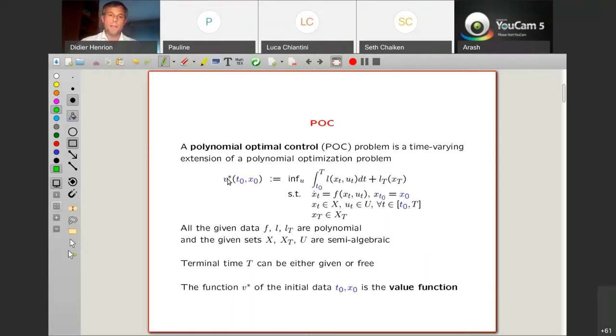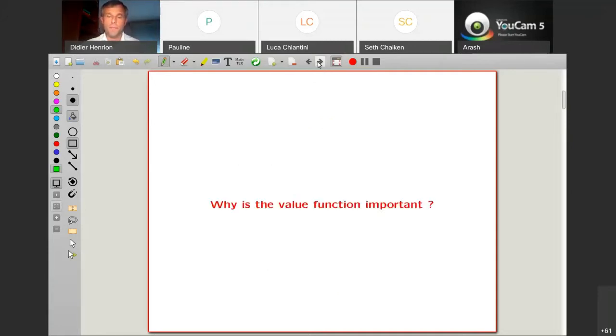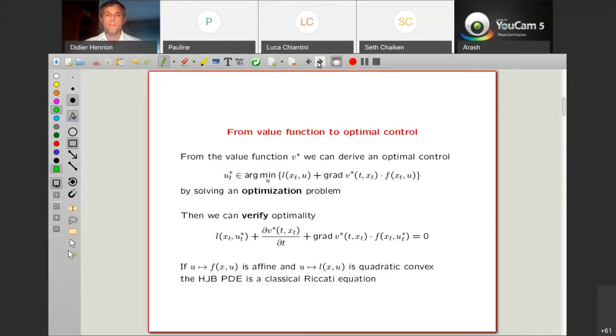So I insist already here on this quantity, the value function V star, because it turns out to be very important in optimal control. The reason is that from the value function, actually, we can solve the optimal control problem. We can derive an optimal control just by solving an optimization problem. Right?